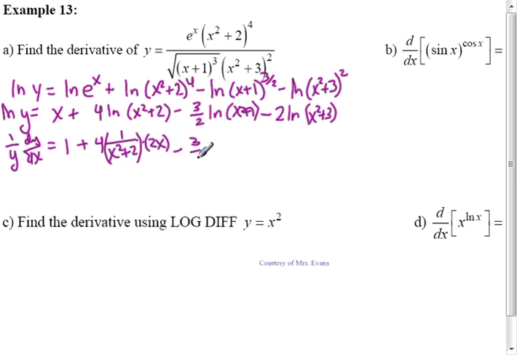Minus 3 halves times the derivative of ln of x plus 1, which would be 1 over x plus 1, times the derivative of the inside, which is just 1.